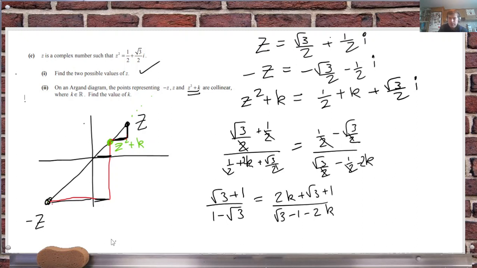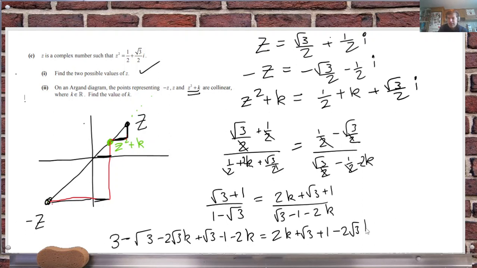So we get root 3 by root 3 is 3. Root 3 by minus 1 is minus root 3, minus 2 root 3 k, plus root 3 minus 1 minus 2k equals 2k plus root 3 plus 1 minus 2 root 3 k minus 3 minus root 3.